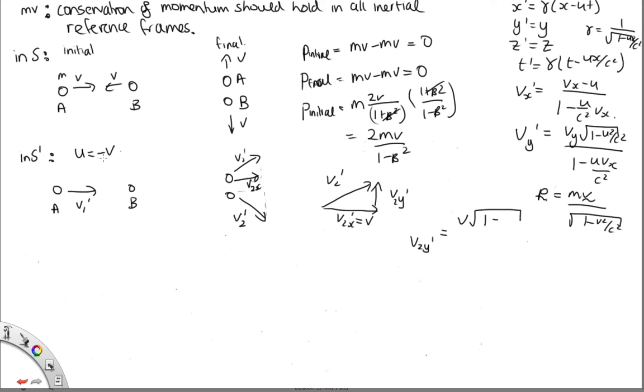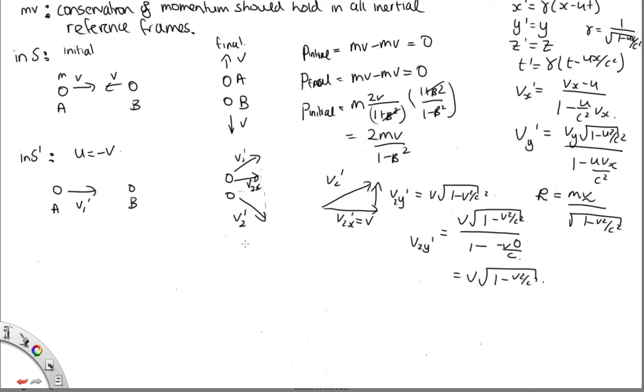Now we said u was equal to minus v, so this is v squared on c squared, and then this is all over 1 minus u, which is minus v. Now vx, that's the x component of the velocity in frame S, which is 0. So this is 0 over c, so this is equal to v times the square root of 1 minus v squared on c squared.